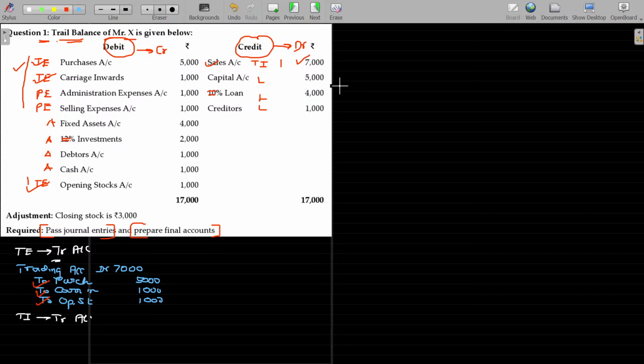Now, sales should be debited. Sales account, to what? Sales account debited to trading account. The value being 7,000.